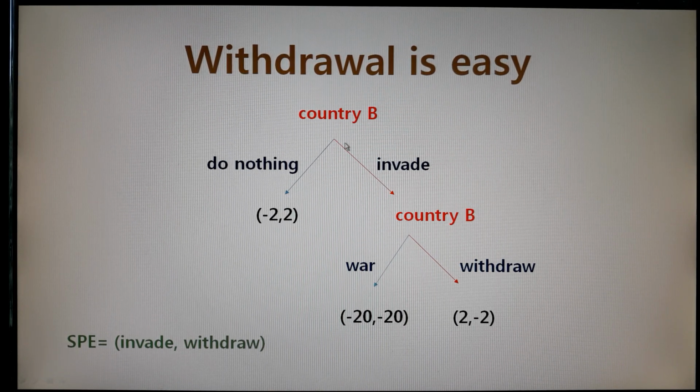Country B is afraid of invading and war, but by backward induction, country A will withdraw. So country B will get 2 if it invades, and -2 if it does not, so country B will invade. So country B invades, country A withdraws. That would be the subgame perfect equilibrium.